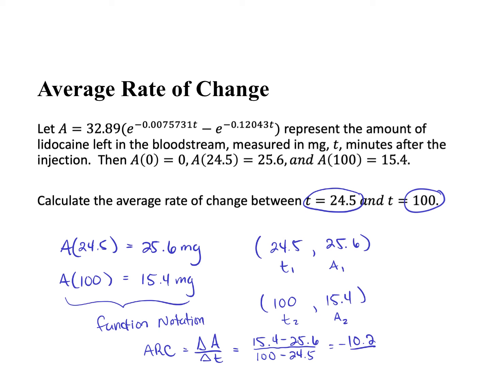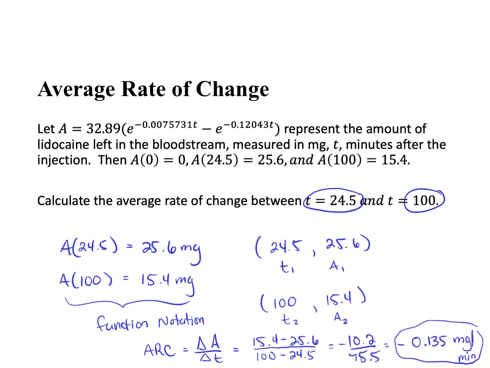And then 100 minus 24.5 is 75.5. And then let's divide that numerator, negative 10.2, by 75.5. That gives me negative 0.135. And the unit here would be milligrams per minute, because time is measured in minutes.